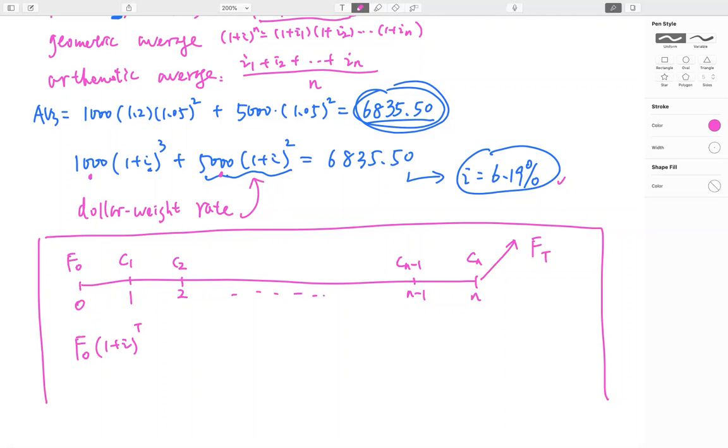It's something I'm trying to define, or sometimes we can call this imaginary interest rate. So F0, if such interest rate exists, when I accumulate to the end, also here's T, it would be the original value times the accumulation.